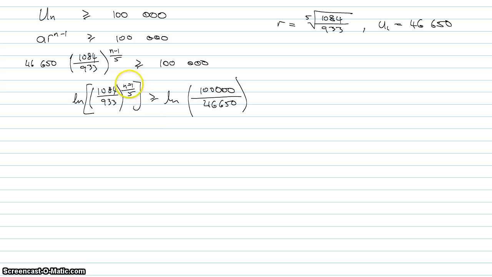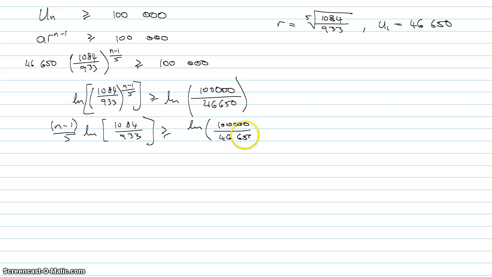So now, because this is an exponent, I can bring the power down the front. That gives me n minus 1 over 5 times ln of 1084 over 933 has to be bigger than or equal to ln of 100,000 over 46,650.